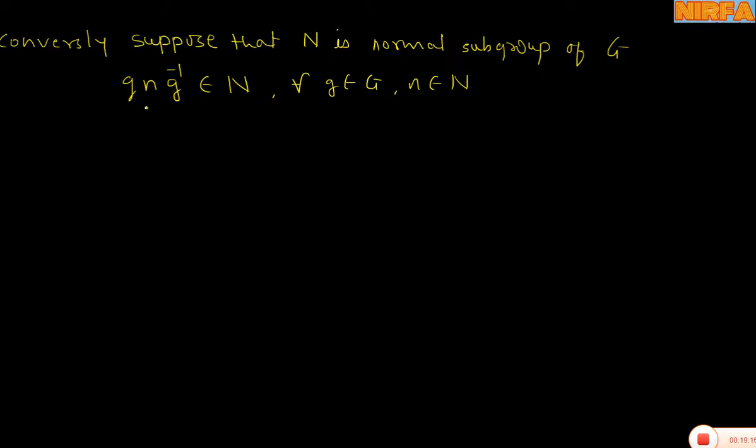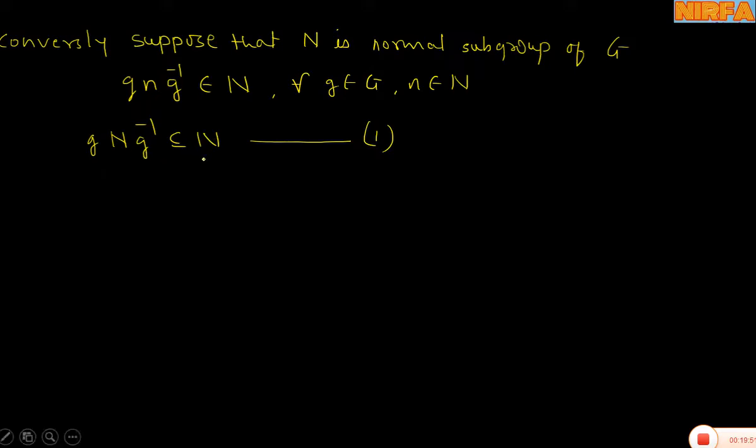Now these are the elements of the set g N g inverse, and therefore every element is a member of N. That means that g N g inverse is a subset of N. Let me call this expression equation number 1, because we want to show that these two sets are equal, and this is possible only when we prove that g N g inverse is a subset of N and N is a subset of g N g inverse.